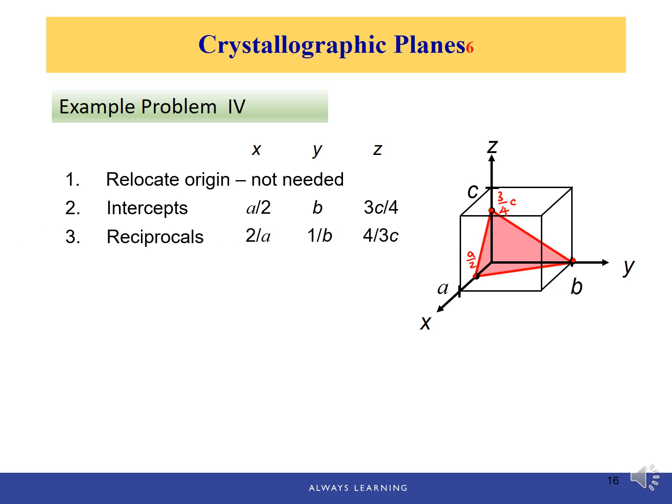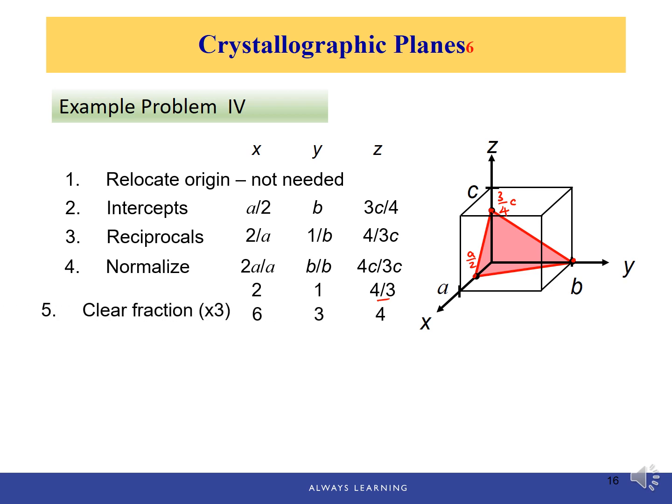And then take the reciprocals. Multiply a, b, c to normalize the values. And now we have a fractional number for the z component. So we need to clear the fractions by multiplying by 3 to each component.